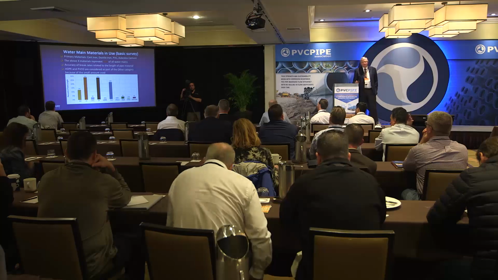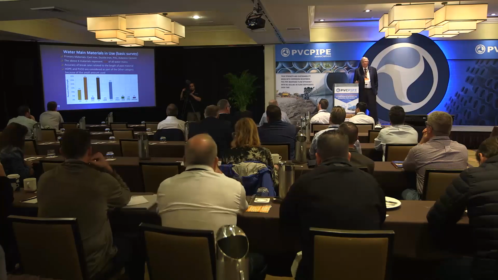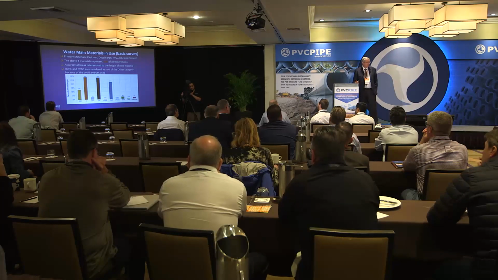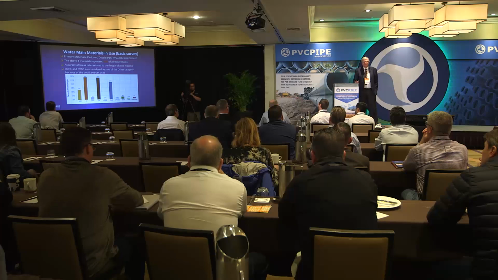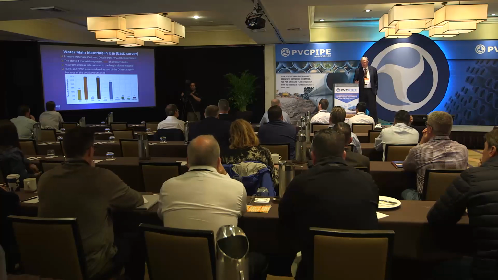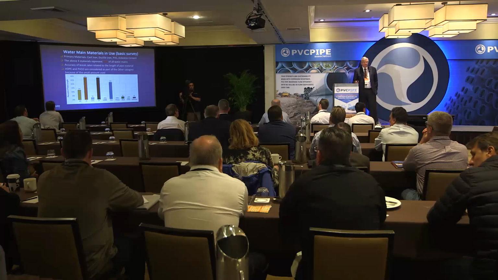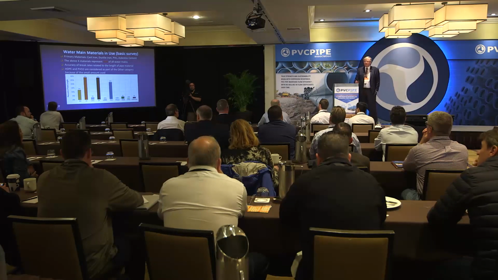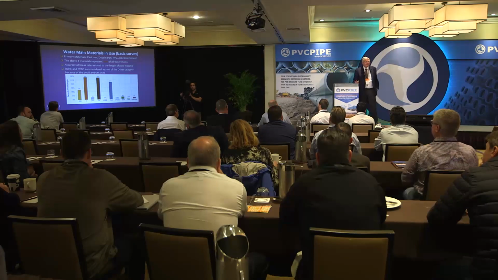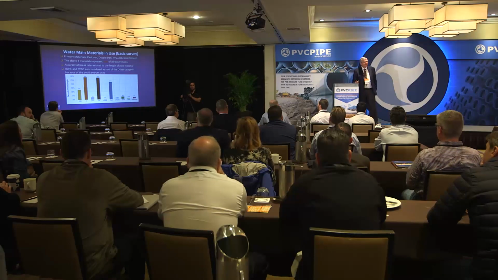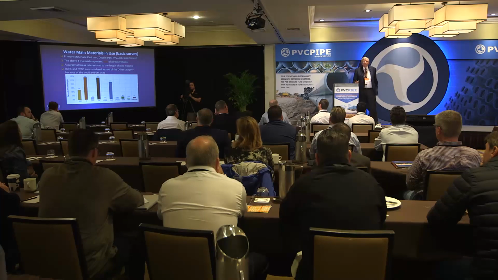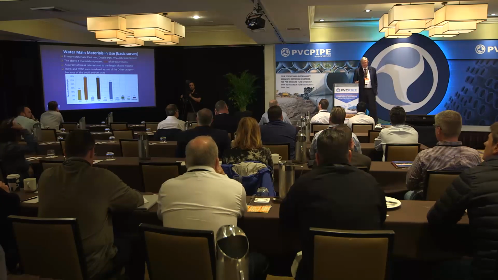Right now, we at this point did not continue to track HDPE and PVCO separately, because if you don't have a large database or a large number of miles of pipe material to do failure data on, your results are extremely inaccurate.